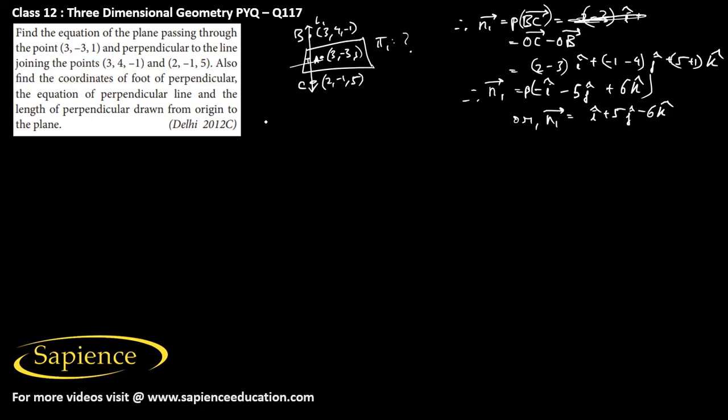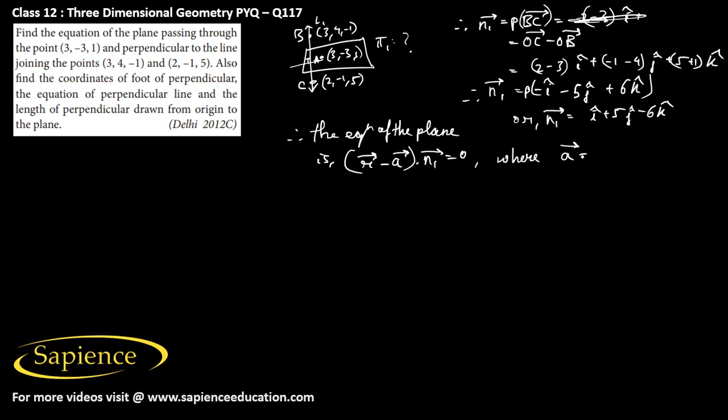So then, the plane contains the point A, so therefore the required equation of the plane will be (r vector - a vector) dot n1 vector equal to 0, where a vector is the position vector of the point A, which is lying on the plane, which is 3 i cap - 3 j cap + k cap.